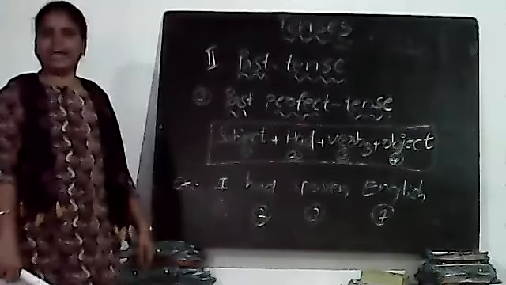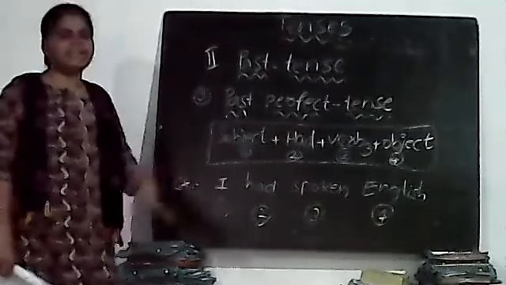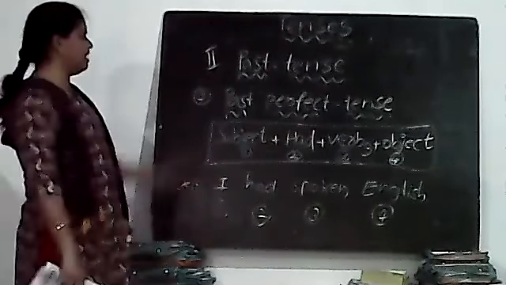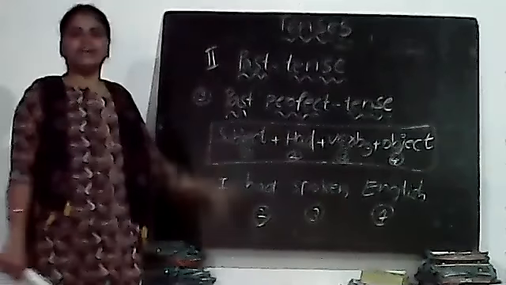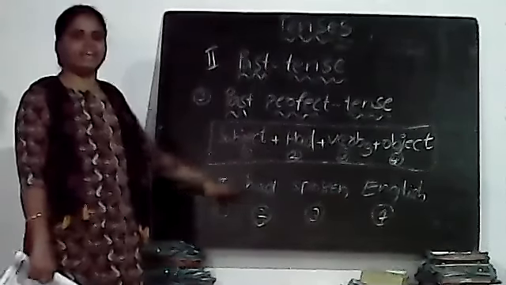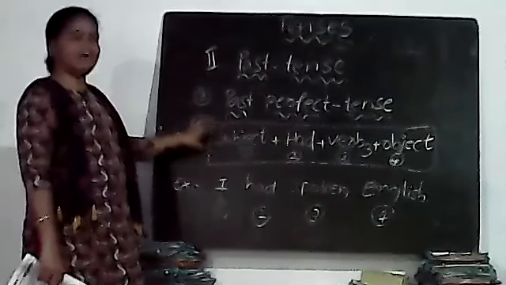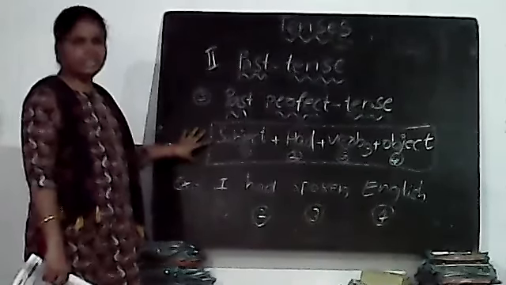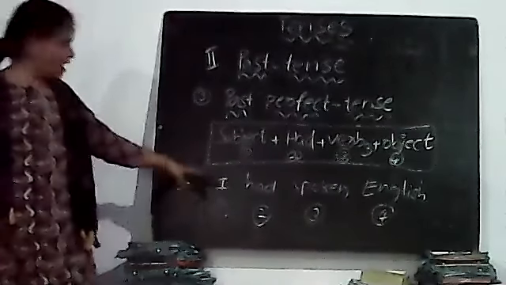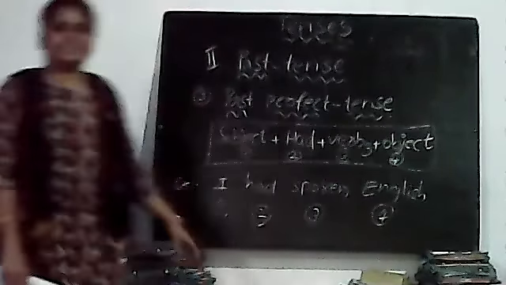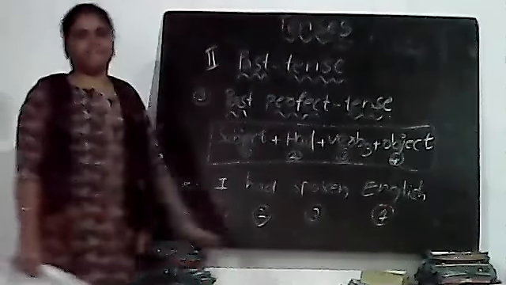Whichever person, singular or plural, we take, we can form it easily by dividing with the structure, and finally we collect the information the same way. Whatever is given in the structure, only that we can form into an example. So children, this is the past perfect tense.